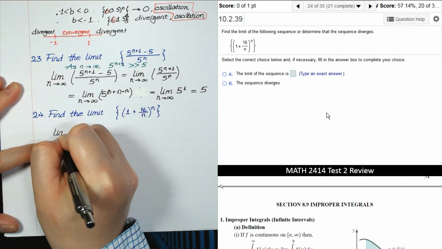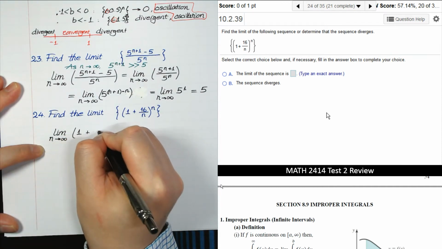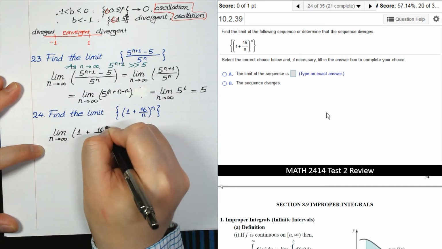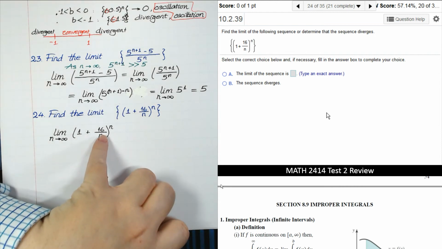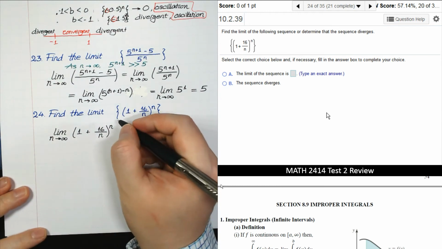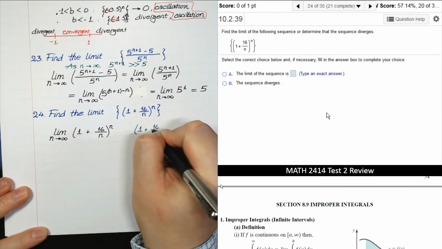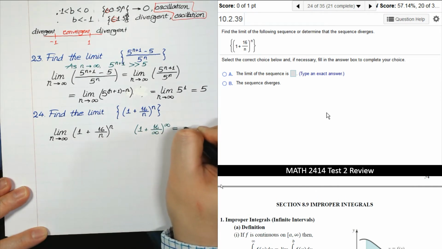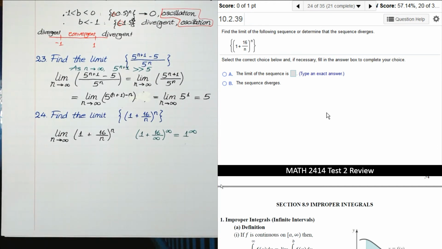So pretty much we find the limit as n goes to infinity. So both n at the denominator and n on the top. So first thing, let's put infinity in and see what happens. So this looks like 1 to infinity. This is indeterminate. By the way, I think go back to section 7.6. That's why we did this.